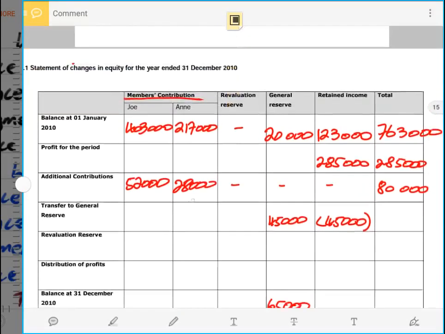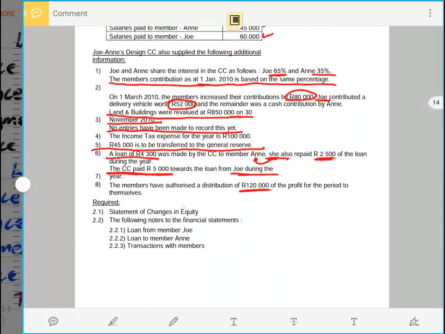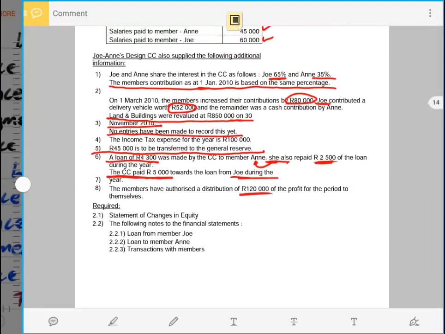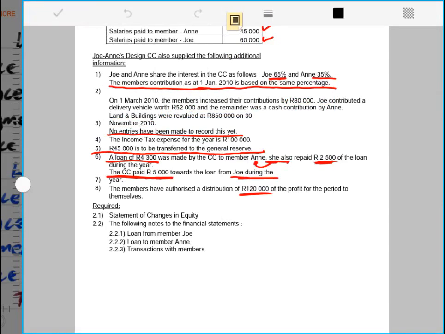There was a revaluation of land and building, because we were told under the second adjustment, adjustment number 2, which is a bit mixed with adjustment number 3, that land and building was revalued at 850,000 rands.